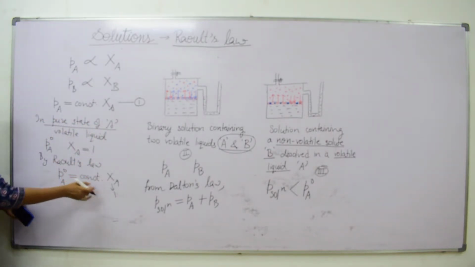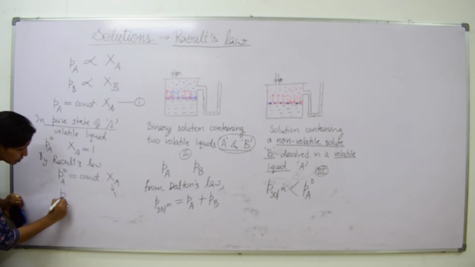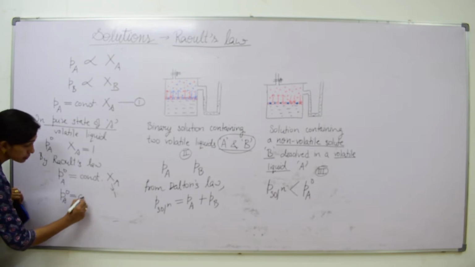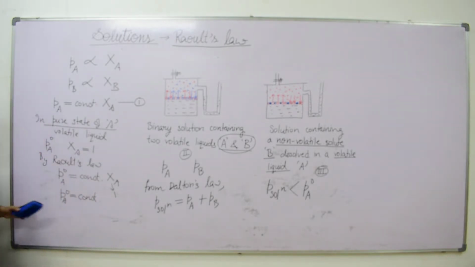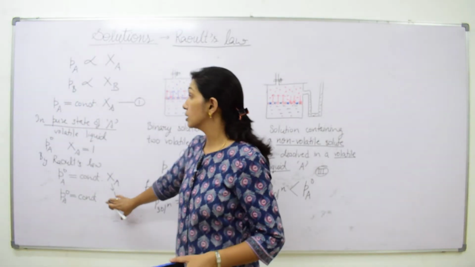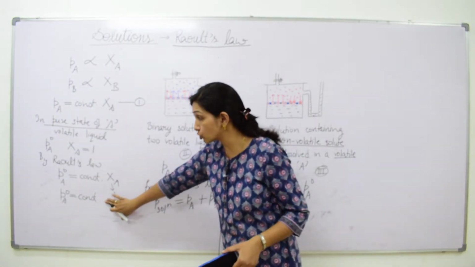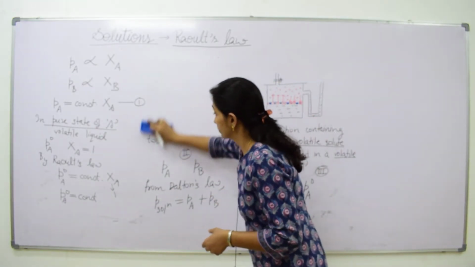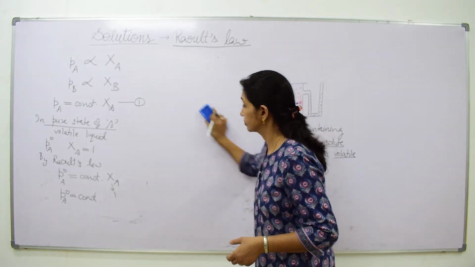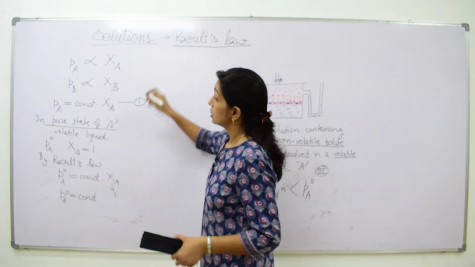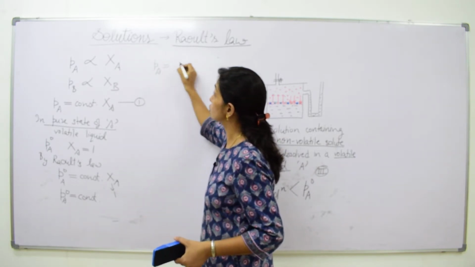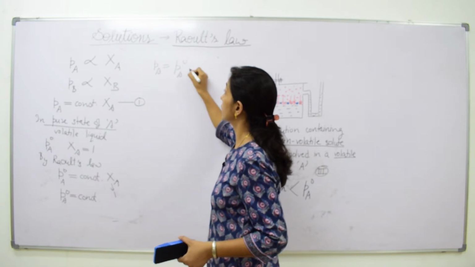Therefore, PA naught is equal to the constant. On putting the value of this constant into equation 1, we get PA equal to PA naught into XA.